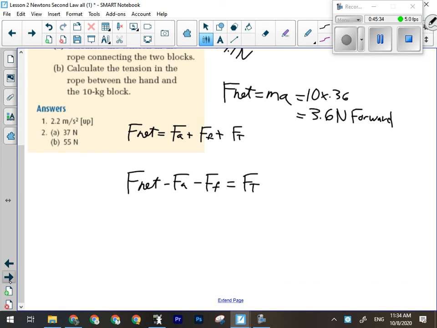I've got my net force minus this minus that equals the tensional force. So 3.6 newtons forwards, so positive 3.6, minus 55, that's the forward force, minus negative 14.7, because the force of friction is backwards, will give me the only force I didn't know before, the tensional force.